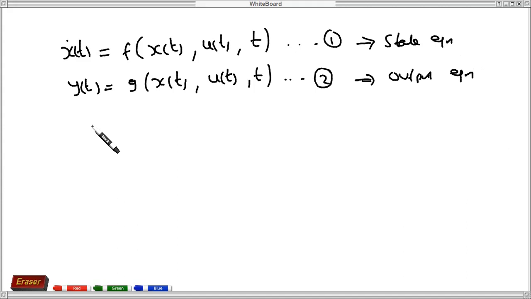For our study, we restrict ourselves to linear time invariant systems.